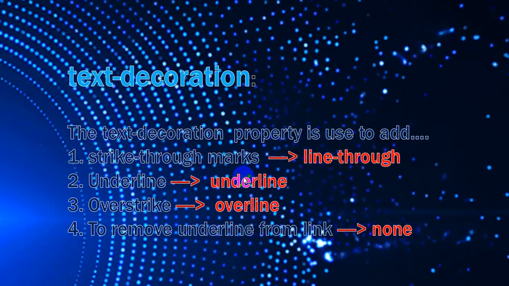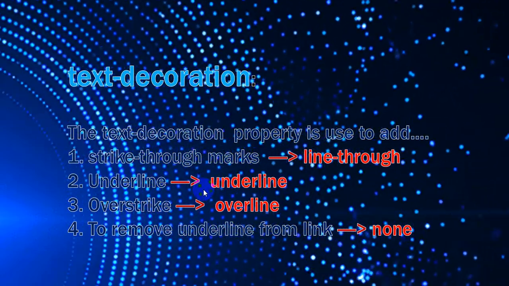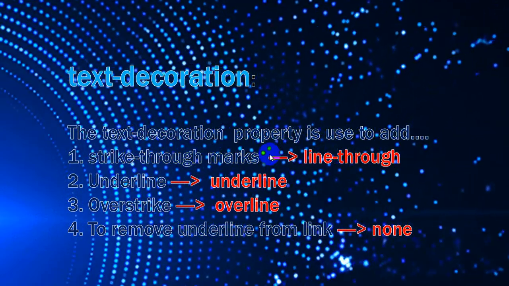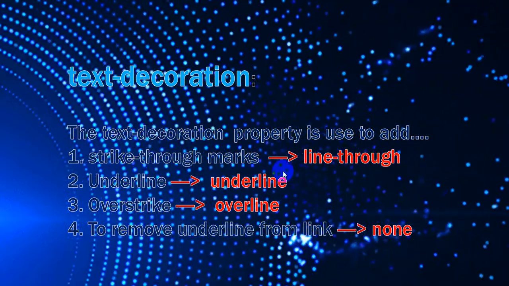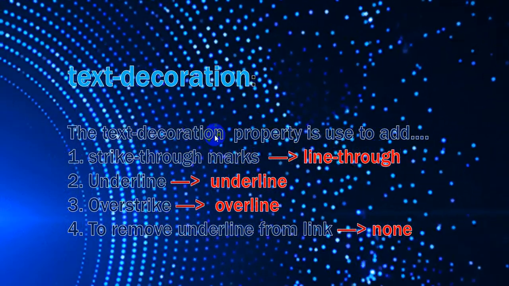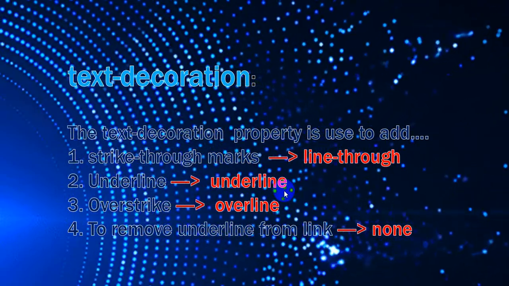Then underline, it's a very common word. Okay, means you can assign underline to any text. Like if you are using only HTML, then in HTML you use the U tag to assign an underline.